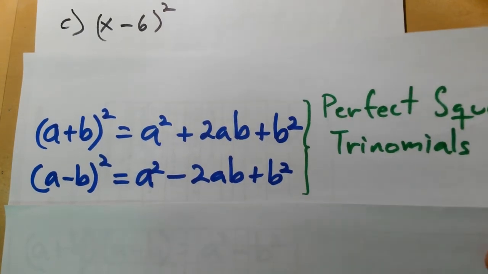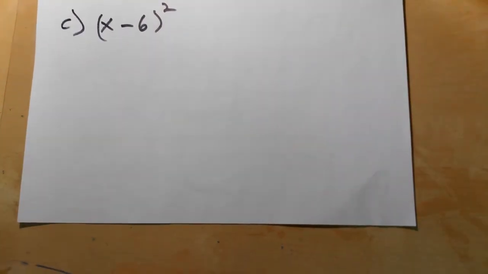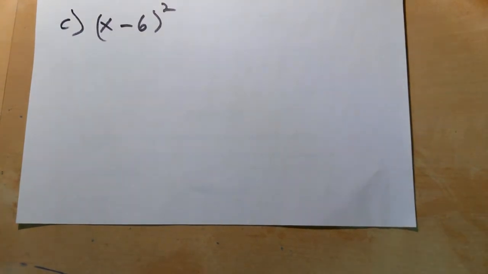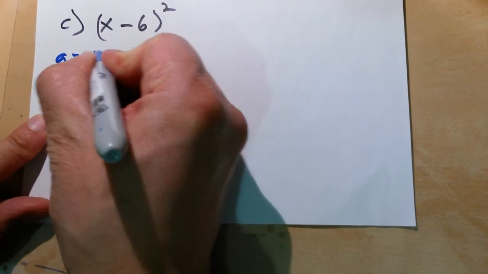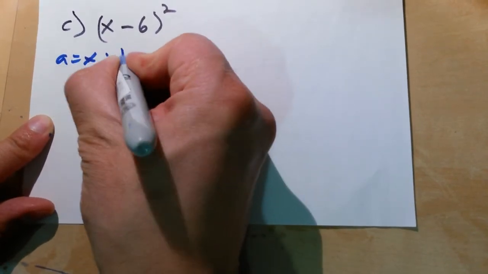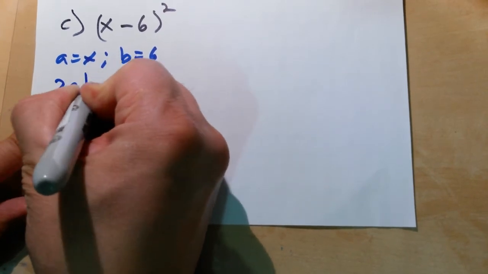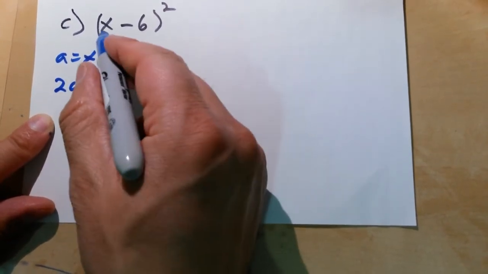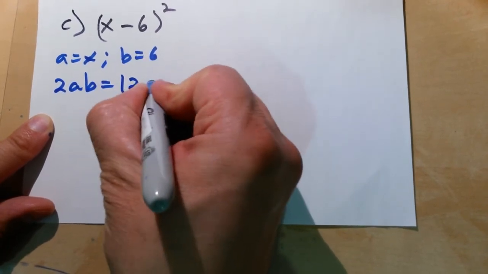So what's our A value? Our A value is x, our B value is 6, and our 2AB value would be x times 6, 6x, times 2, that's 12x.